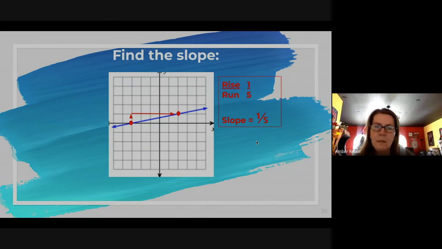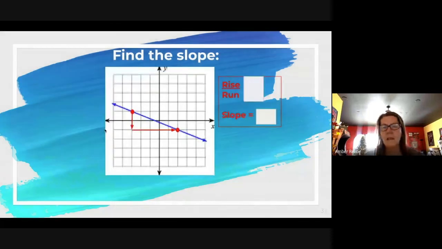Okay, our next one here. This time I'm going down the hill, so I'm going to be nice negative. So my slope is going to be negative. And I'm going to count my rise over run. Remember, it doesn't matter if I'm rising up or if I'm rising down. The rise is your vertical change, up or down.